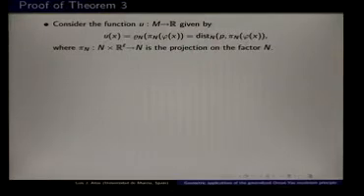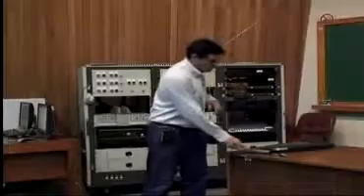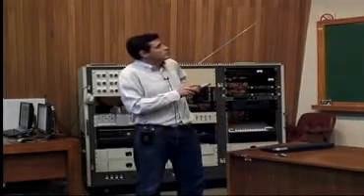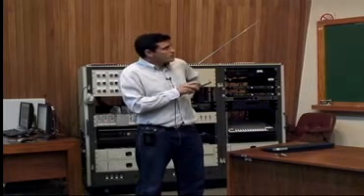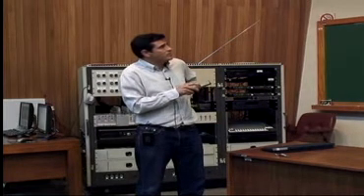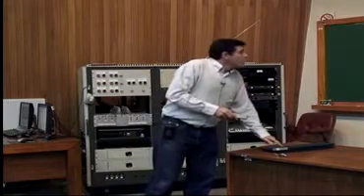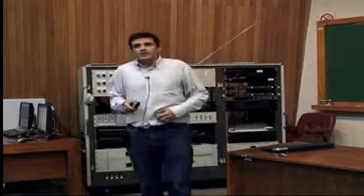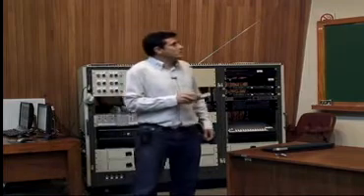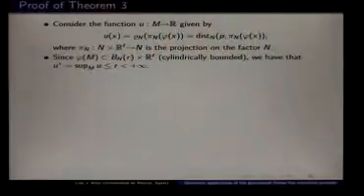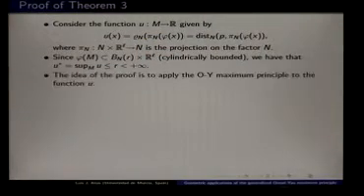We consider the function u, which is just the distance in N of the projection of the immersion onto the factor N. We just take the projection of the immersion onto N and take the distance to the point P. Since we are assuming that the submanifold is cylindrically bounded, then we know that this function is bounded from above. So the idea of the proof is to apply the Omori-Yau maximum principle to that function. But first, we need to check that the Omori-Yau maximum principle holds on M.